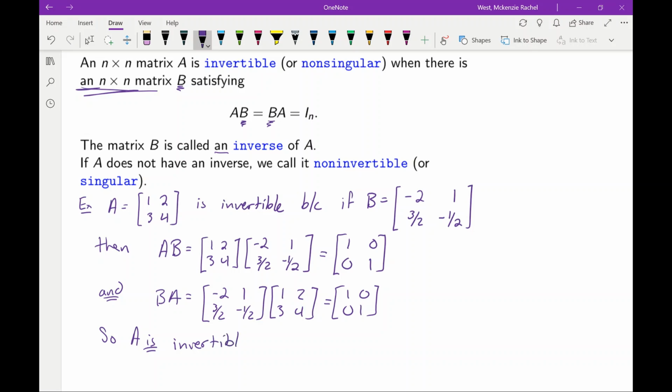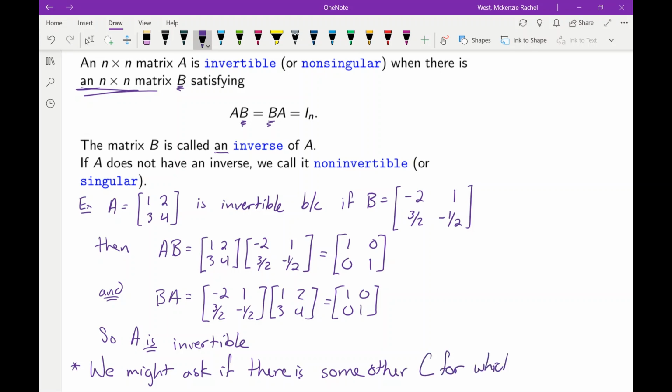But the weird thing is that this doesn't guarantee that B is the only matrix that'll do this for us. So we might ask if there is some C for which the same holds. A times C equals C times A equals the identity.